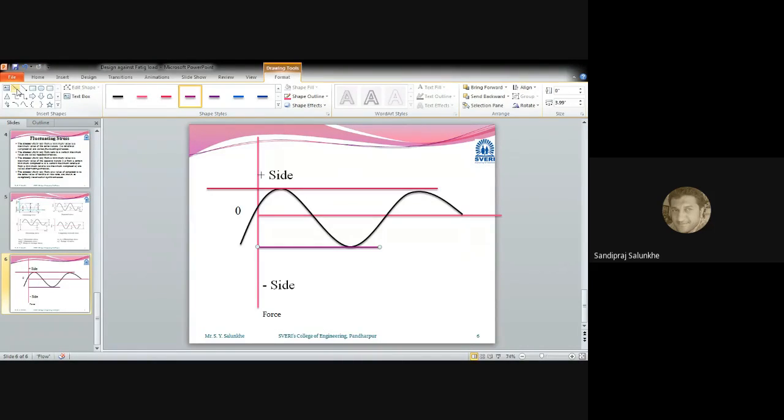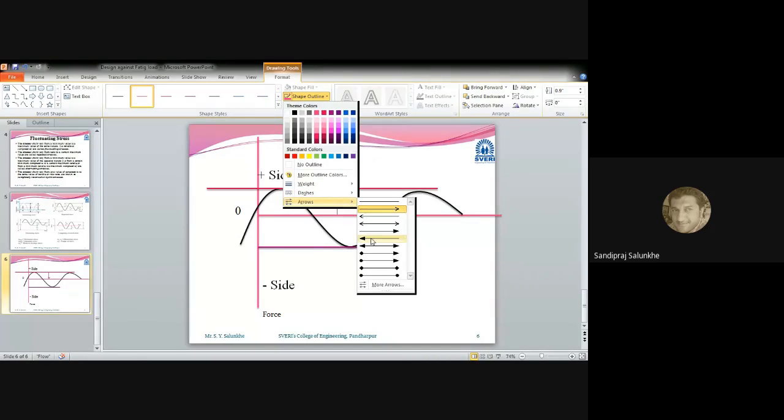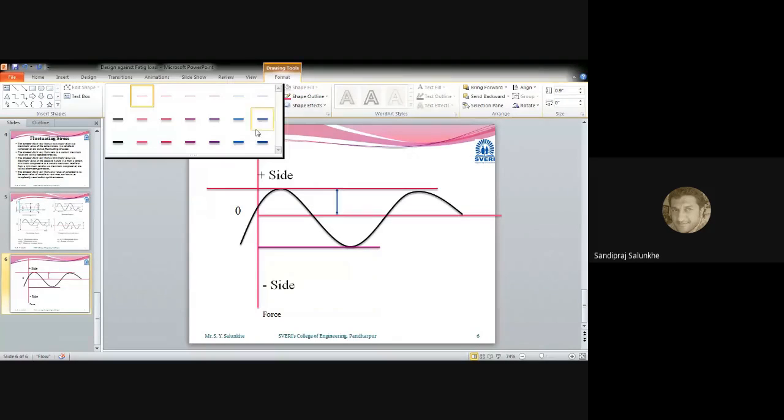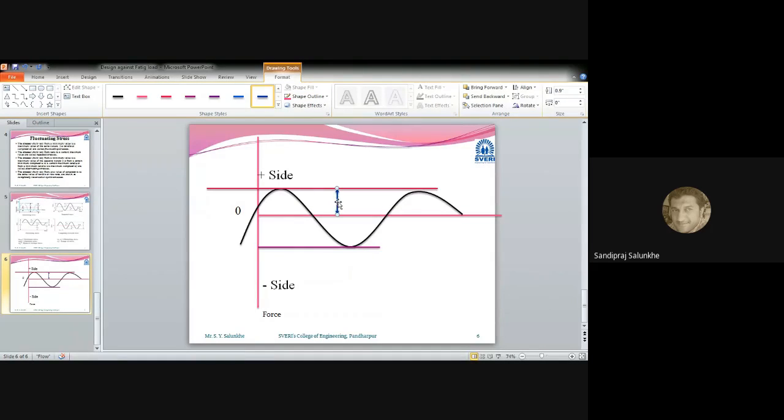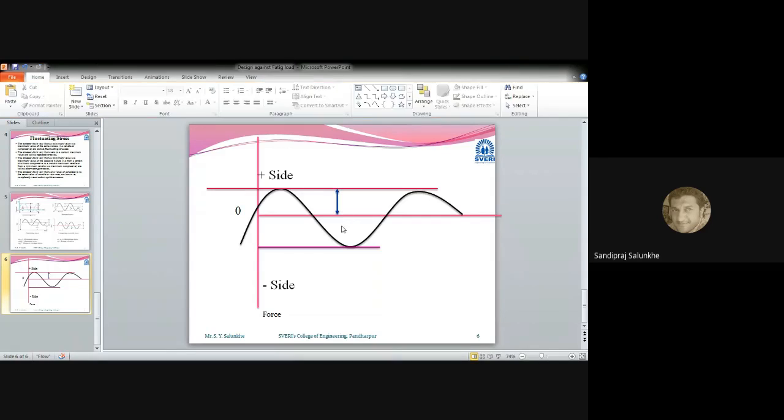So this value should be exactly a replica of this value.